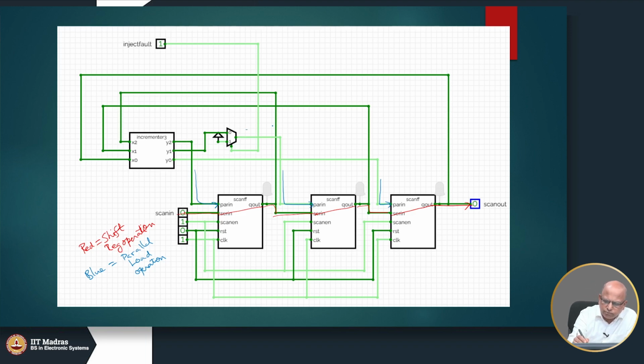This is to inject the fault. So, when inject fault is high, a 1 on this pin injects a fault.